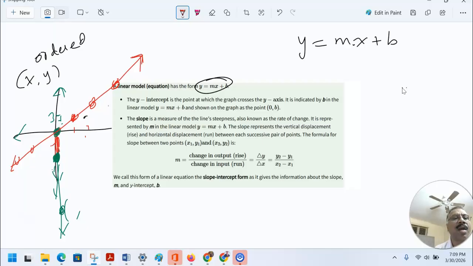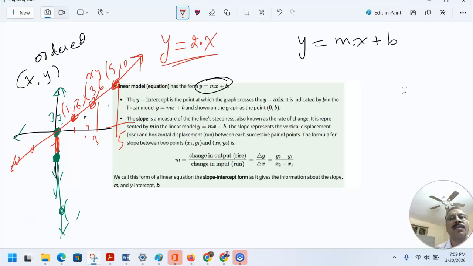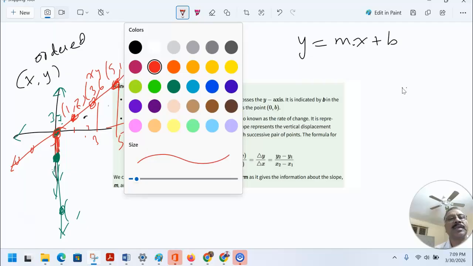Maybe if this is 1 and 2, or if this is 3 and 6, like double, or if this is 5 and 10, you can see there is a relation between x and y. So y is the double of x. So we can create an equation like this. This type of equation is when a line passes through the origin.